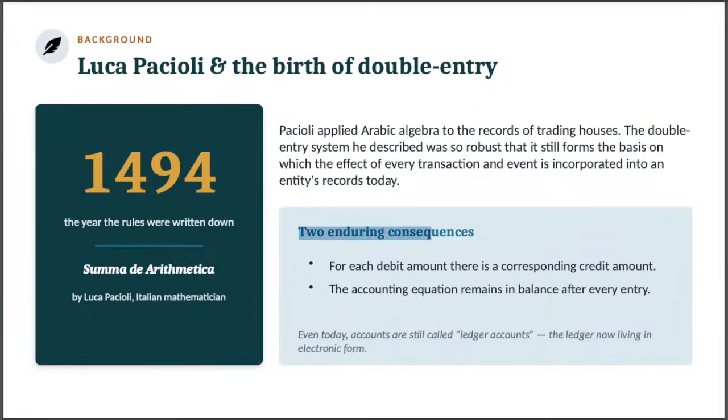All right, two enduring consequences. For each debit amount, there's a corresponding credit amount. And the accounting equation remains in balance after every entry. So even today, accounts are still called ledger accounts. The ledger, now living in electronic form.